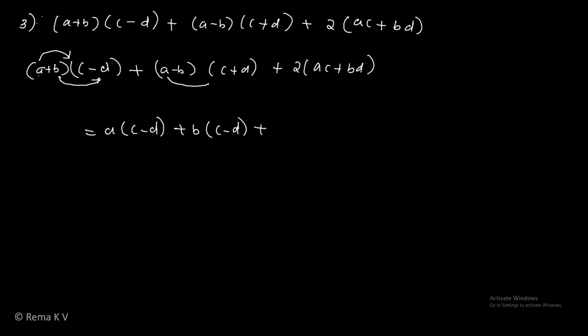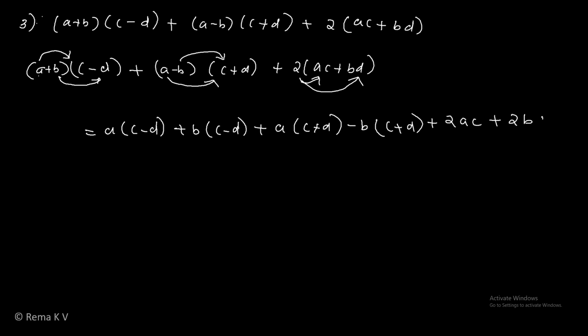Then the first term multiplied by the second bracket, a into c + d. Then the second term multiplied by the second bracket, that is minus b into c + d. Then plus 2 multiplied by this ac, it is 2ac. Then 2 multiplied with this bd, which gives plus 2bd.